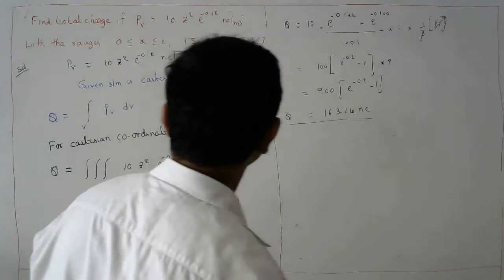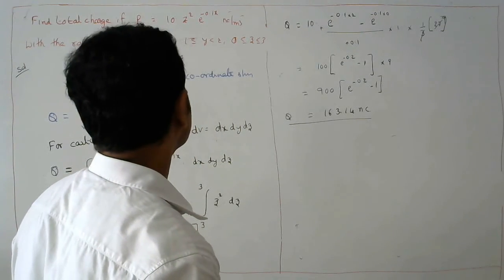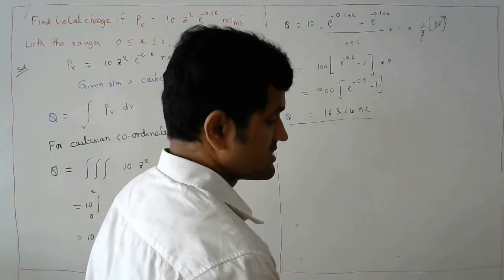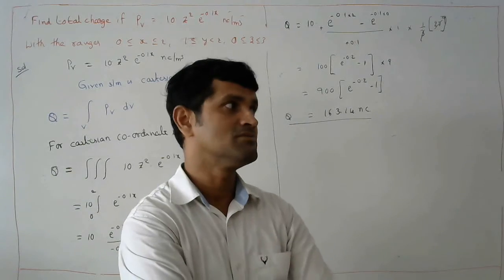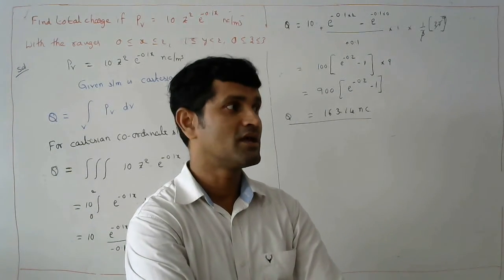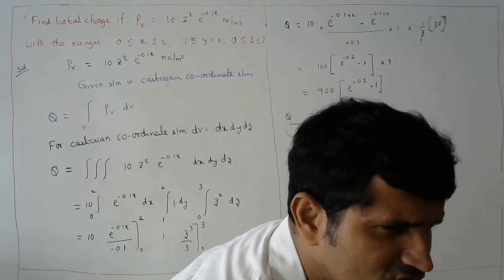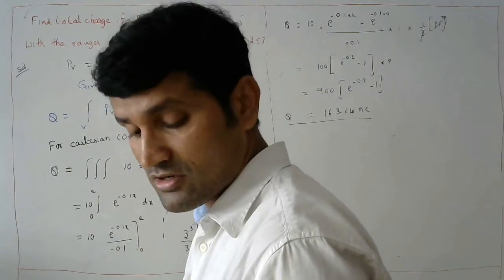That is the procedure to solve this type of problem. Any problem given in a coordinate system can be solved using this procedure. We discussed three types of systems: the Cartesian, cylindrical, and spherical coordinate systems. Once again I am repeating this problem because it is a previous exam model problem.